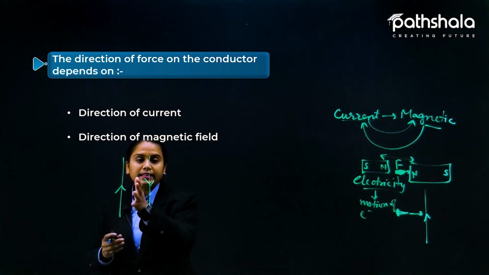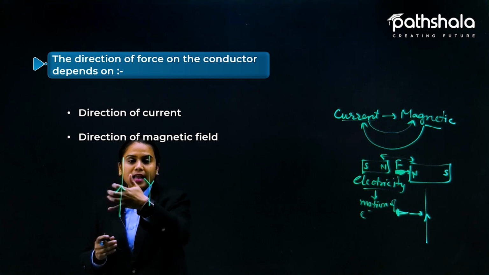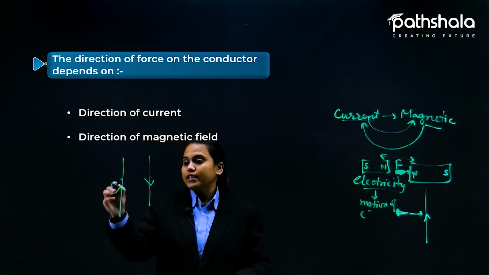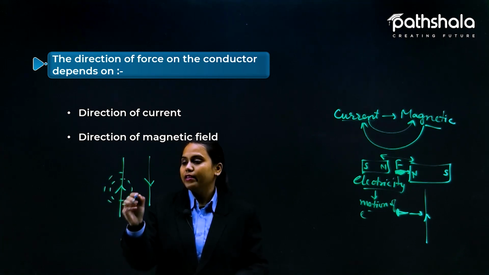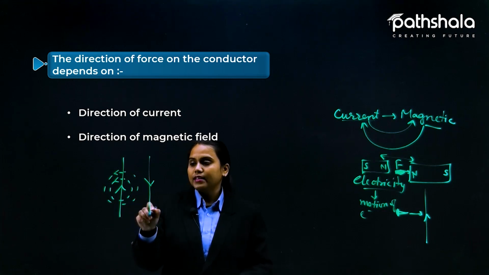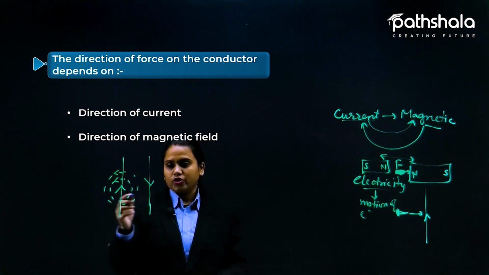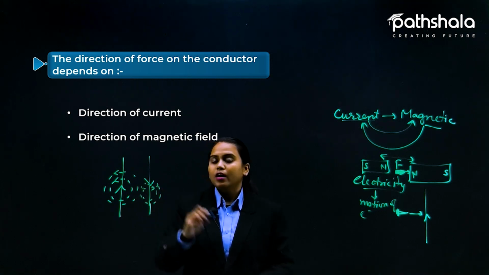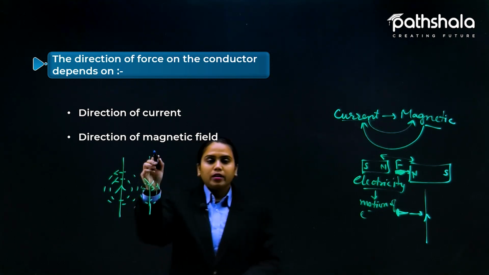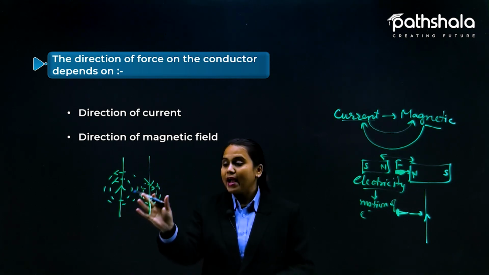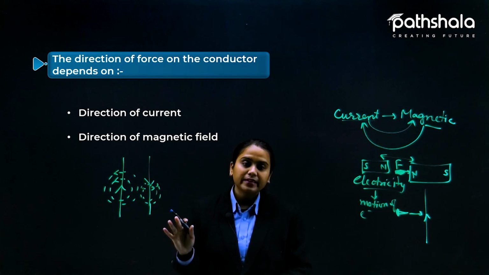Here in this case, when we are rolling it like this, the fingers are showing the magnetic field direction. So this is the direction of the magnetic field when the current is going from bottom to top, that is in the anti-clockwise direction. And this will be a clockwise direction when the current is flowing from top to bottom. So the direction depends on the magnetic field around it.